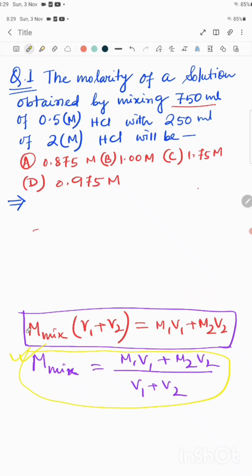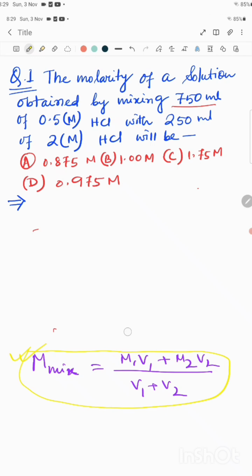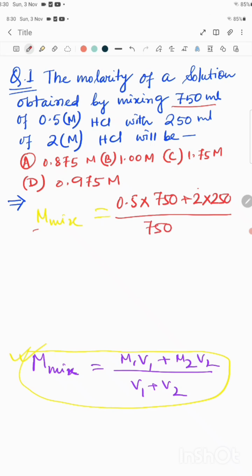M mix equals M1V1, so M1 is 0.5 into volume V1 is 750, plus M2V2, so 2 into 250, by V1 plus V2, that is 750 plus 250.